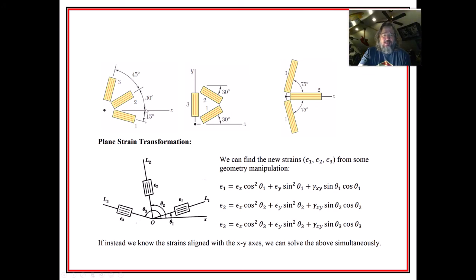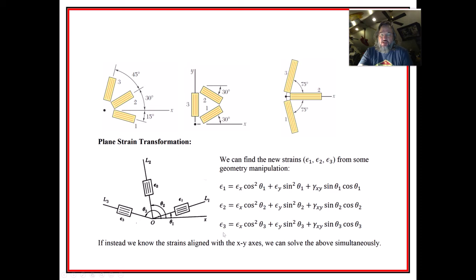But you could see here, these are arrangements from a textbook where they're showing you the different configurations. We want something general so that we could take these readings we're going to get, epsilon 1, epsilon 2, and epsilon 3, and what we want out of them are epsilon x, epsilon y, and gamma xy.